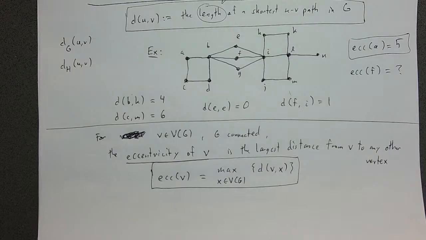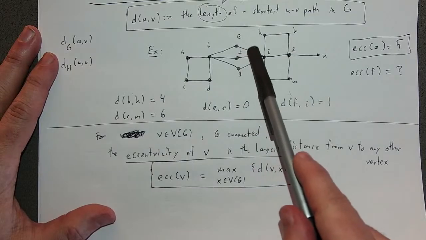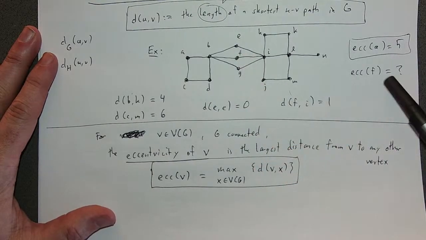Ponder what the eccentricity of F is. Okay, so now we're going to see how we can use this to define some other quantities in a graph that we're interested in. In this sense, I asked you to ponder the eccentricity of F. There are going to be vertices that have very small eccentricity.